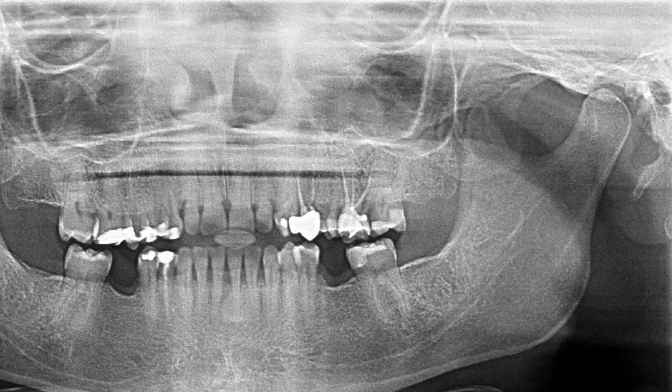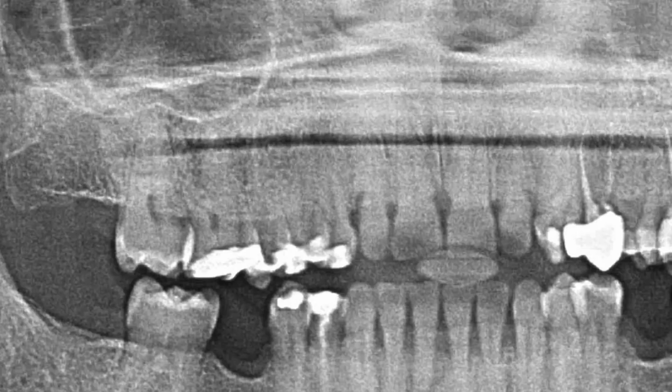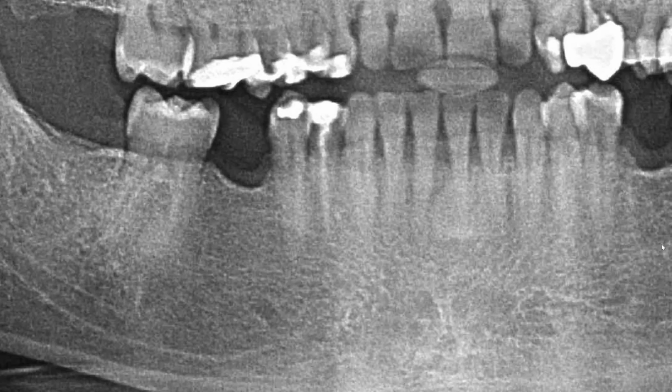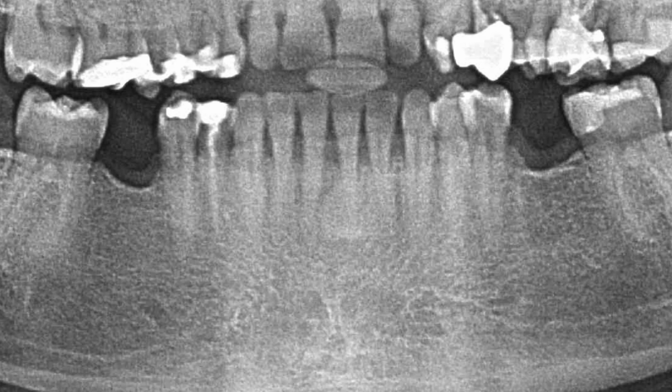I'm going to zoom in and have you take a closer look at this anterior mandible. As you look through the premolar to premolar, try to pay close attention to the root apices and the alveolar process.